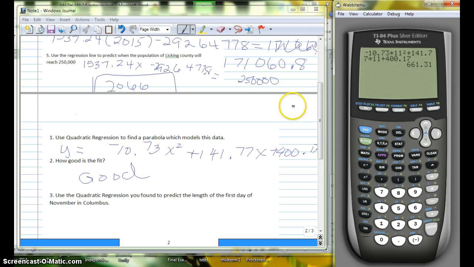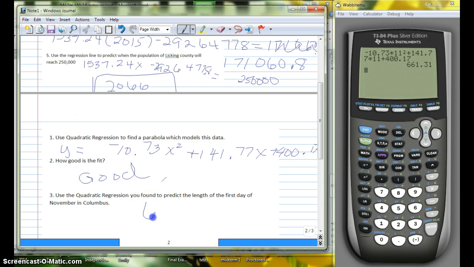So we would predict that the length of the day would be 661.31 minutes. Okay, so those are the notes for section 2.5.